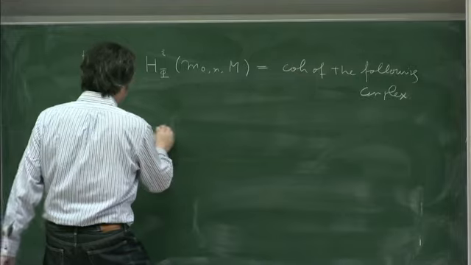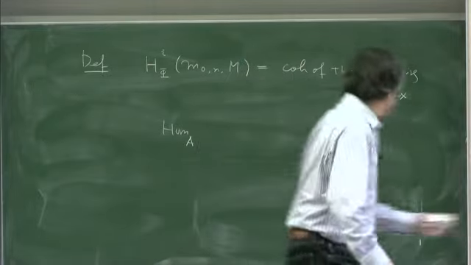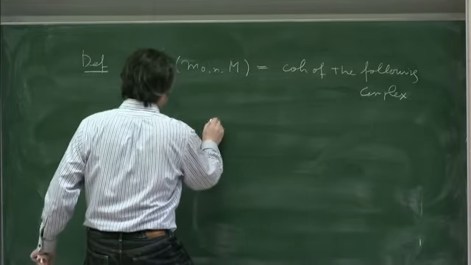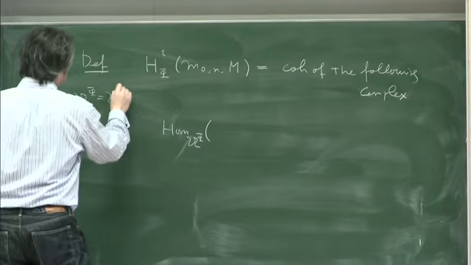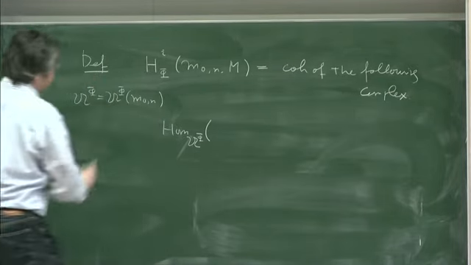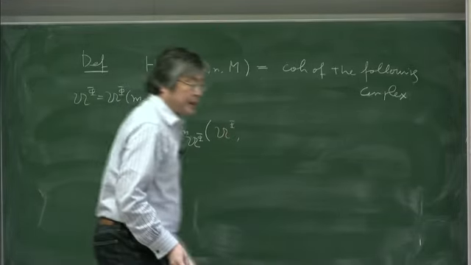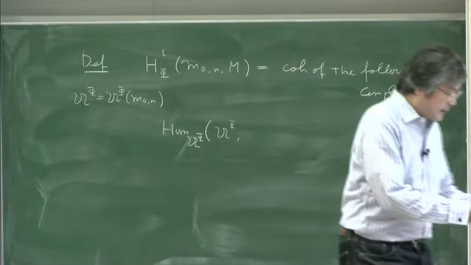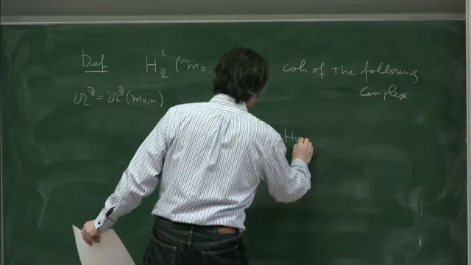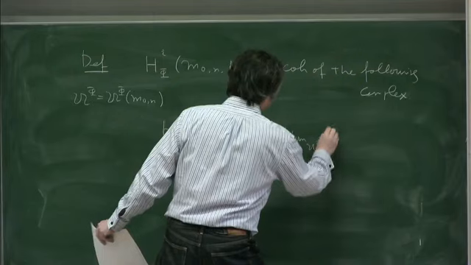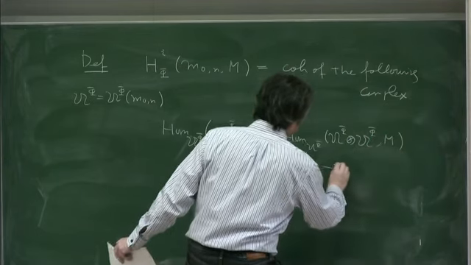The complex is like this. Hom of A, N, U phi, where U phi is U phi of M_0N, and U phi M, and Hom of U phi tensor U phi, M, and so on.